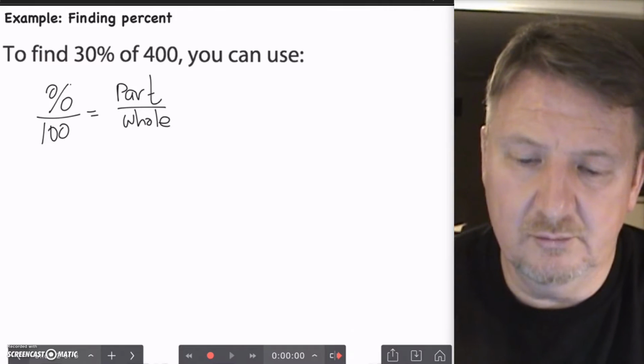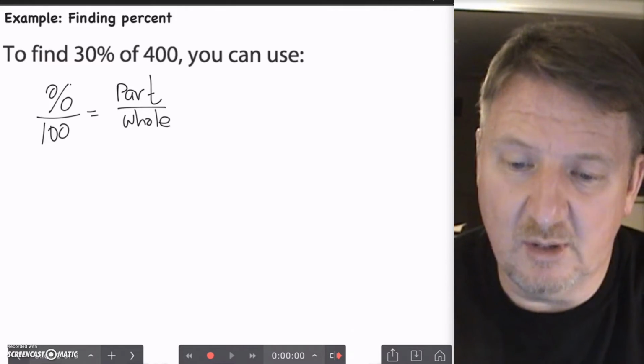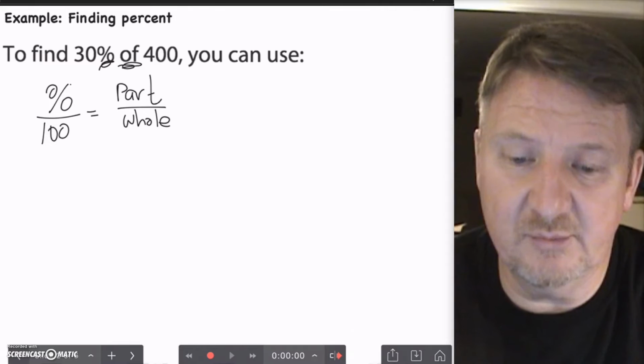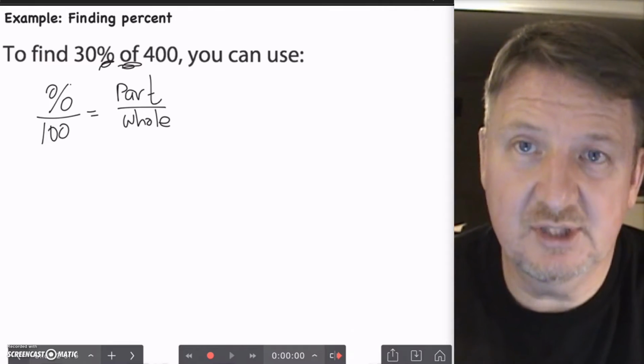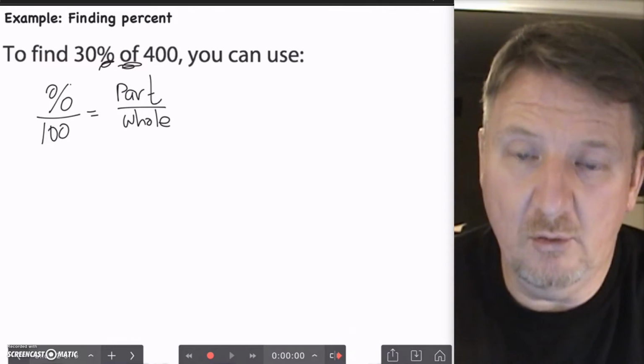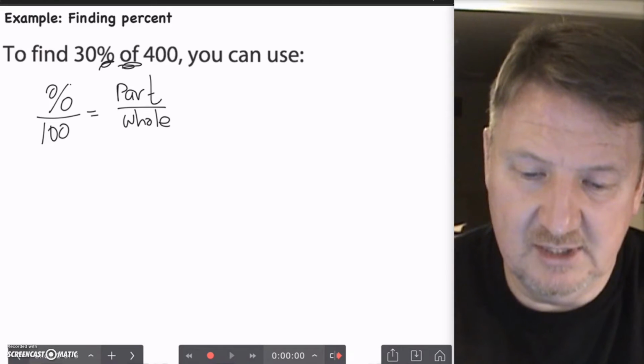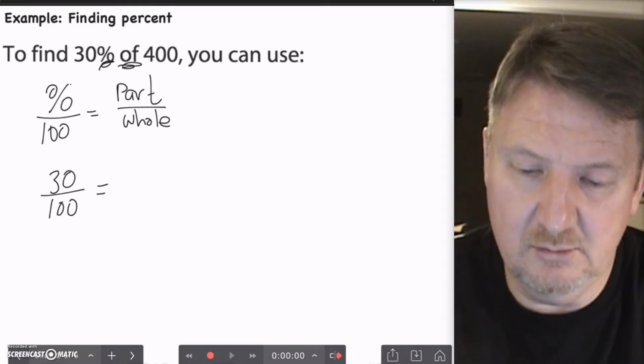Keyword here, I don't have the word is in the problem, but I do have the word of, and I do have the percent. So I know what the percent is, and I know what the whole is. So 30% over 100 equals, I don't know what the part is, so I'm going to represent that with a P, over the whole of 400.